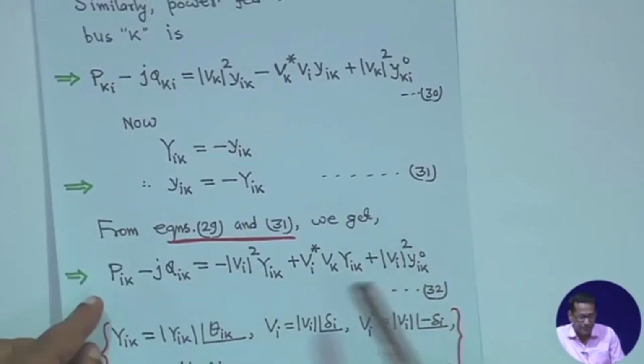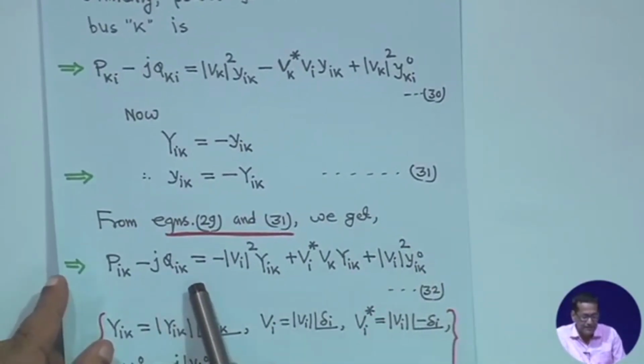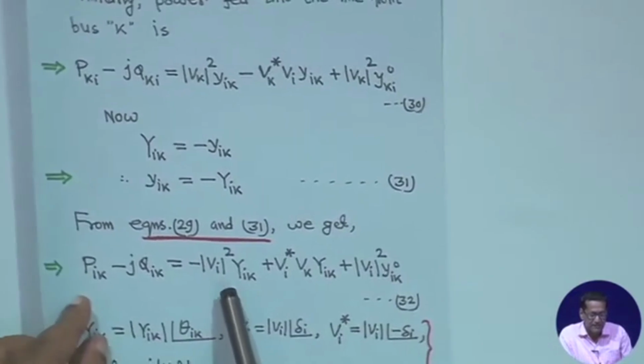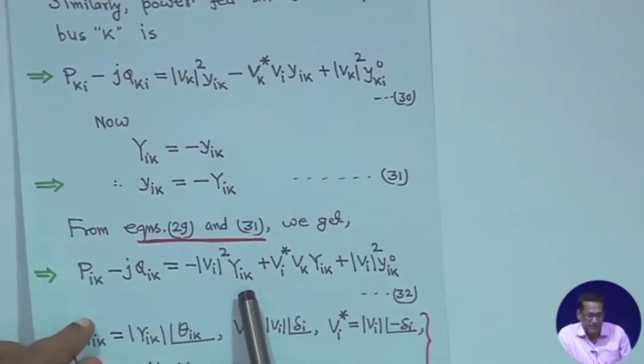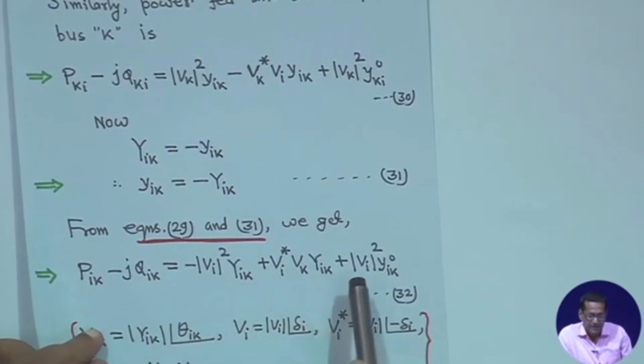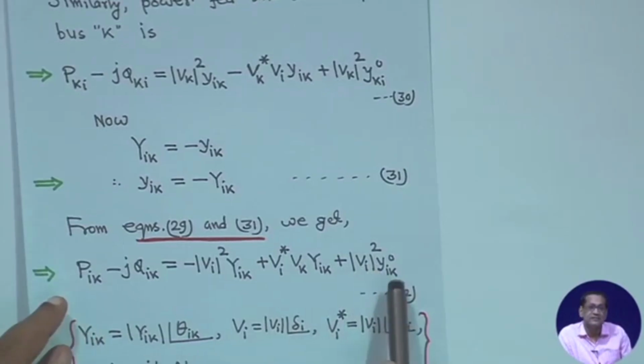If you do so, you will get P_ik minus jQ_ik is minus |V_i| square capital Y_ik plus V_i conjugate V_k capital Y_ik, plus |V_i| square small y_ik0, because this is the charging admittance.